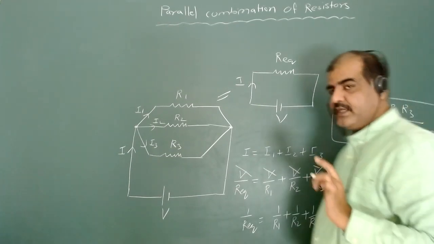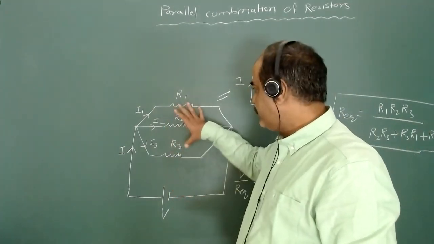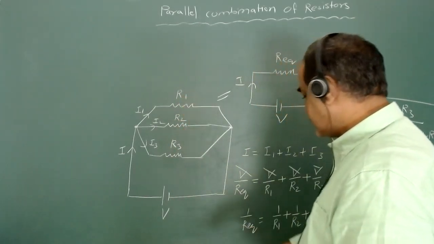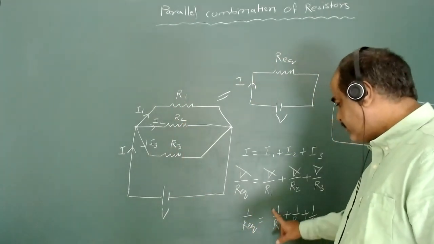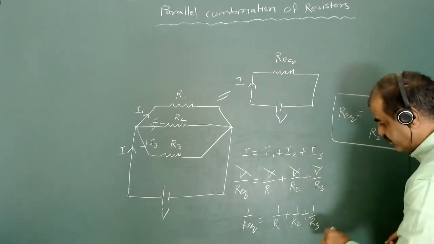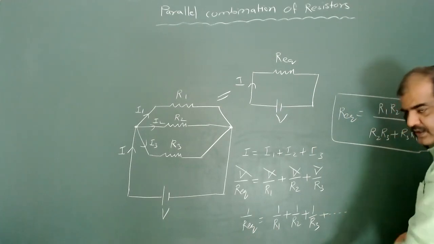Here I am using three resistors, but you can use any number of resistors in parallel, and the equivalent resistance is given by 1 upon R equal to 1 upon R1 plus 1 upon R2 plus 1 upon R3. If there are more elements, you can add 1 upon R4 plus 1 upon R5.